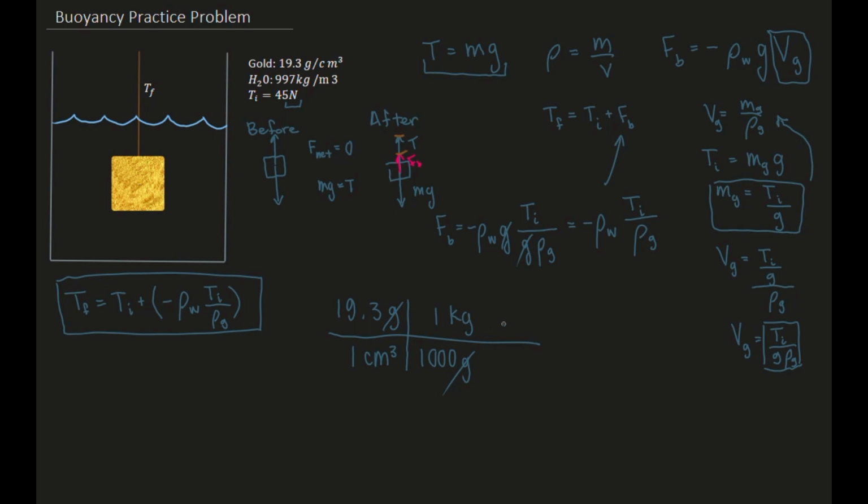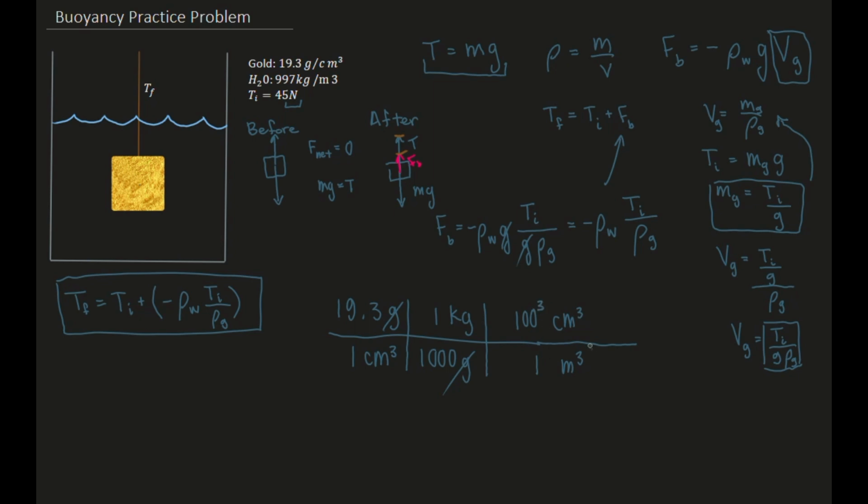But I still need to get rid of the centimeters cubed. So I need to have centimeters cubed up here, and I need to have meters cubed down here. And it is important to note, to get this correct, that for every 1 meter cubed, I have not just 100 centimeters cubed, I have 100 cubed centimeters cubed.